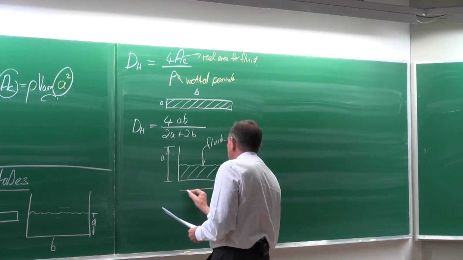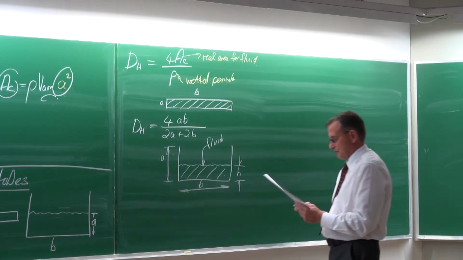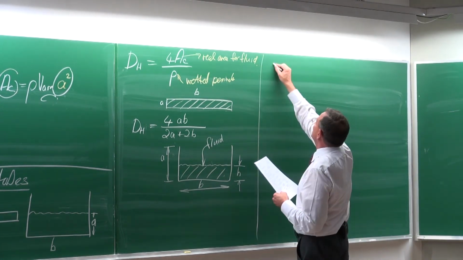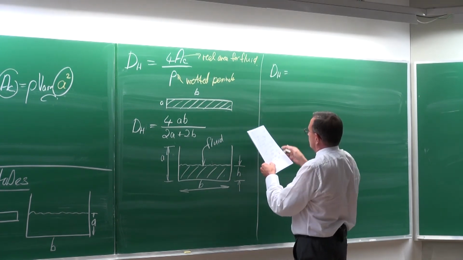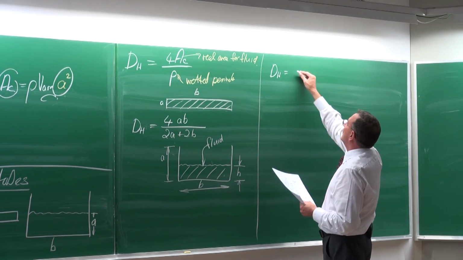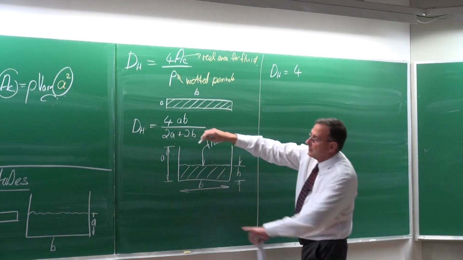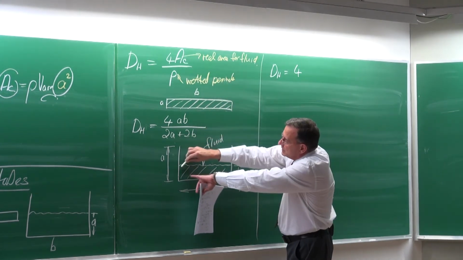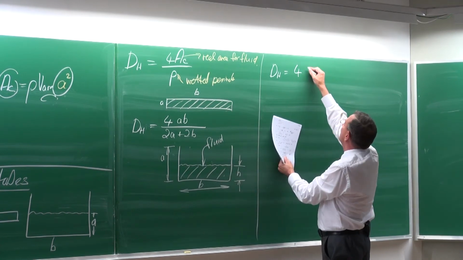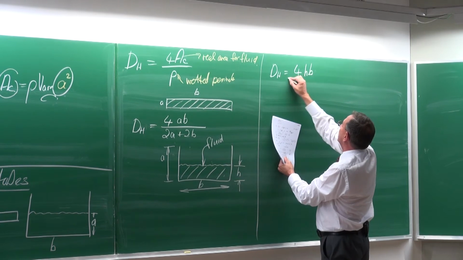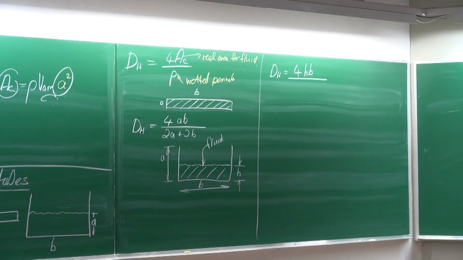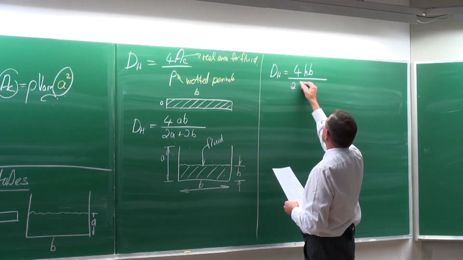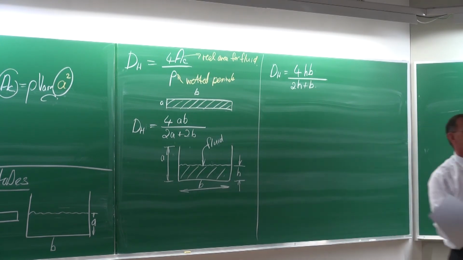And that distance is equal to B. The hydraulic diameter is then equal to 4 times the cross-sectional area, but not that height. That height, it is the real area for the fluid. So it is 4 times HB. That is the cross-sectional area of the fluid, divided by the wetted perimeter. The wetted perimeter is 2 times H plus B. You follow?